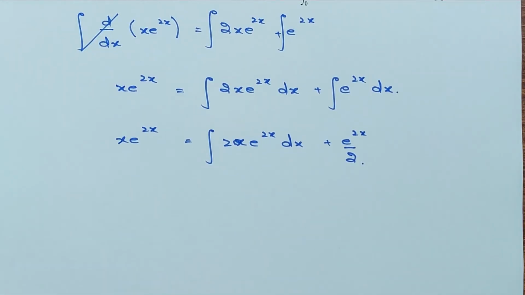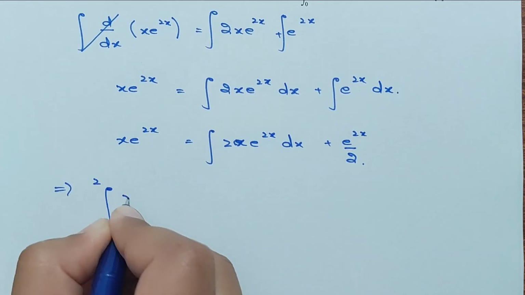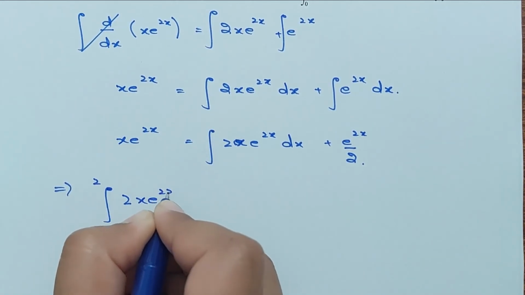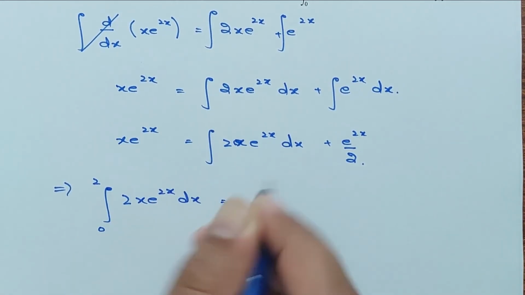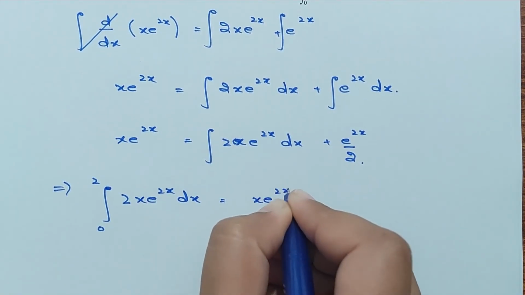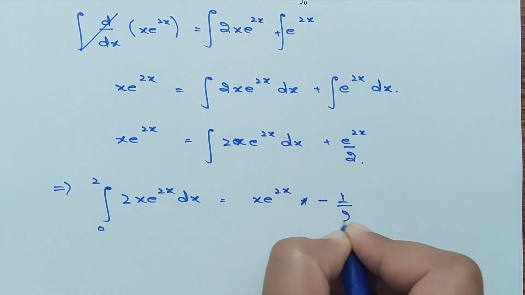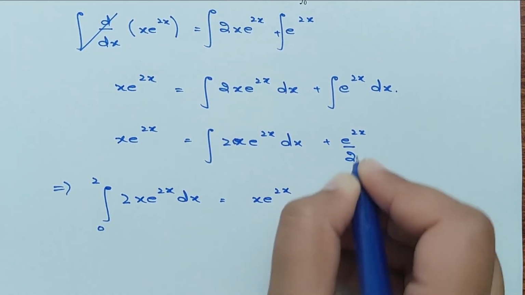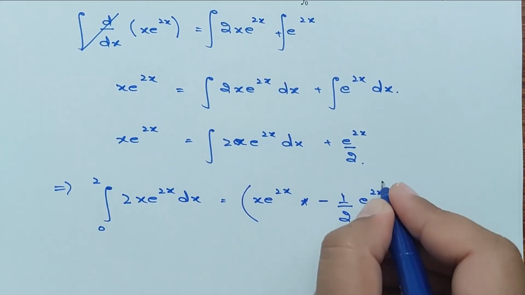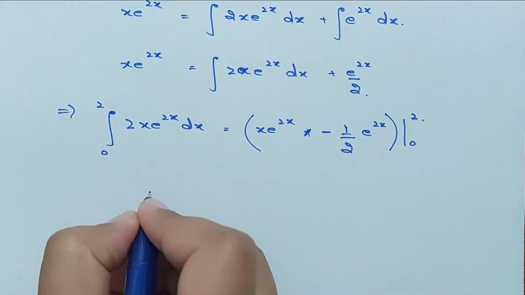Right, so from here we can say integration from 0 to 2 of 2x e to the power 2x dx is equal to, shifting that term to the other side, x e to the power 2x minus 1 by 2 e to the power 2x, because I shifted it to the other side, and the limits are from 0 to 2. Okay, now let's apply the limits.